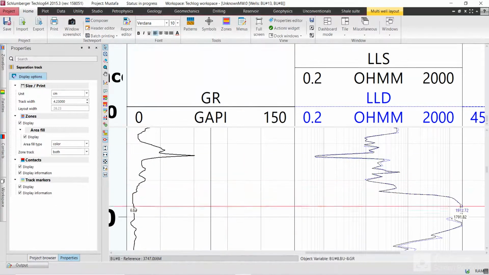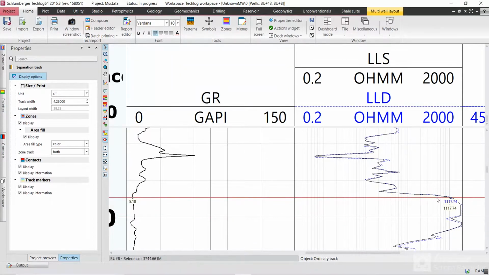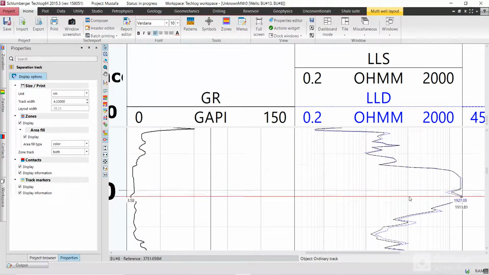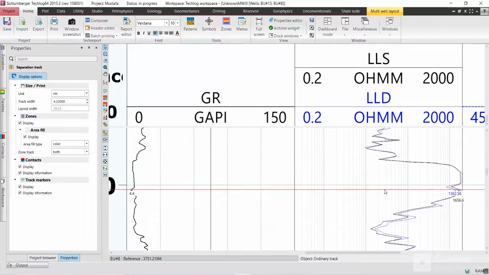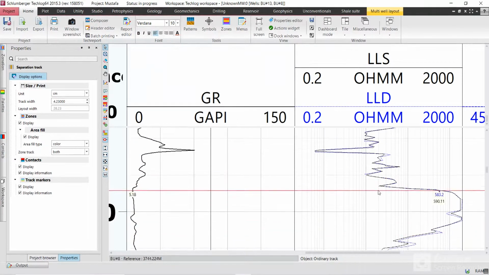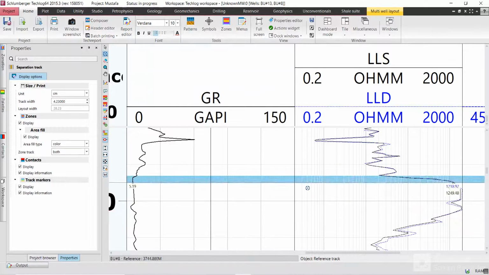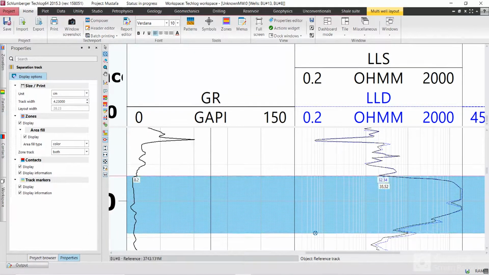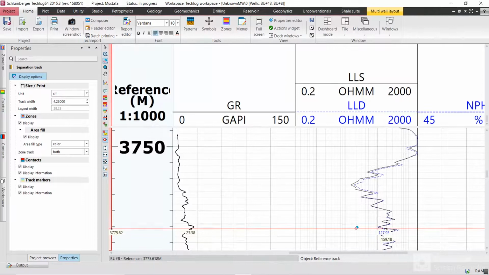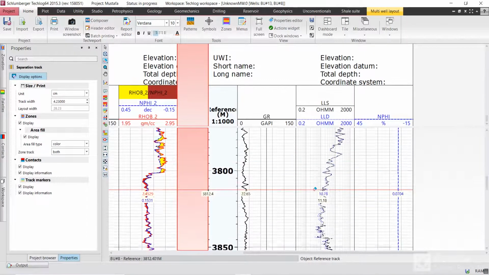So when we go down, the gamma ray response will be lower, and the resistivity logs will respond higher than this zone. So it means we have hydrocarbon right here. So we can say this is the zone of hydrocarbon. And the same for the rest of the well.